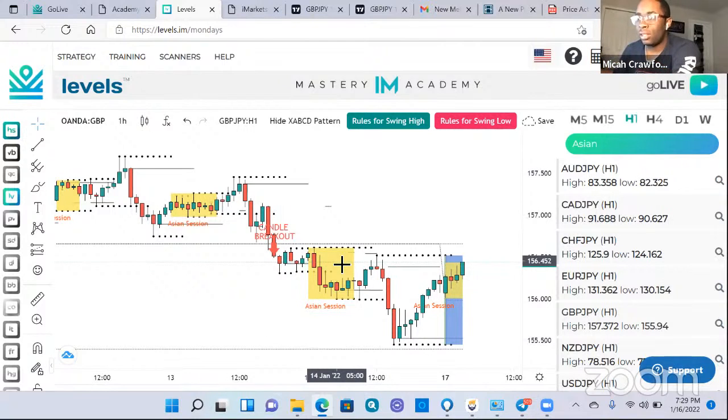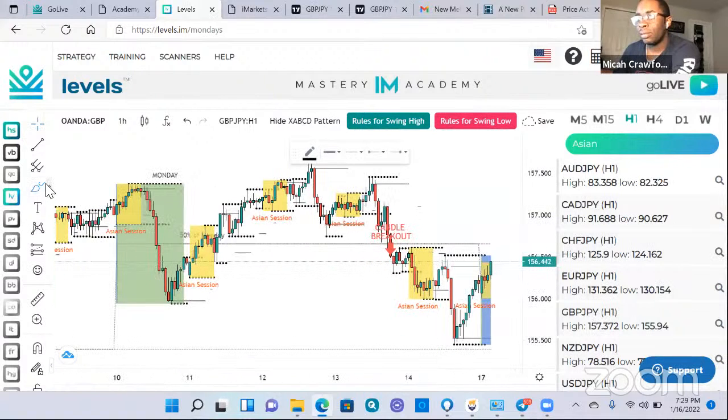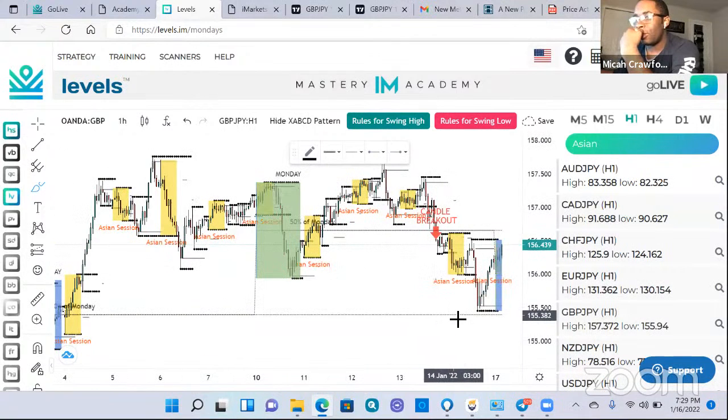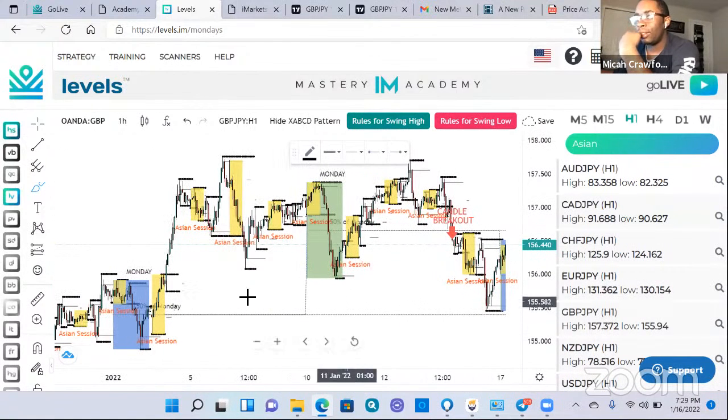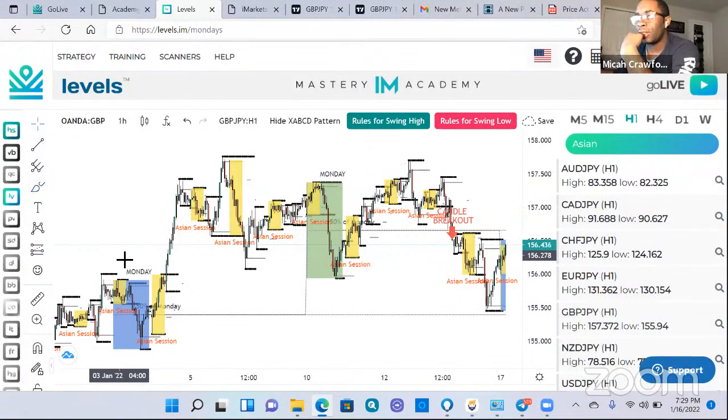All right, so on the pound yen, currently up 10 pips right now. If I scroll over and look to the left, I am looking for some type of structure. Why did we just stop there? What do I see there? Let's grab a horizontal line.